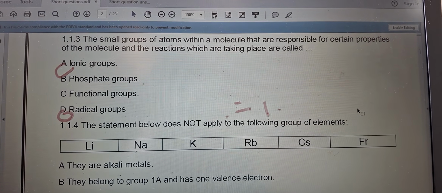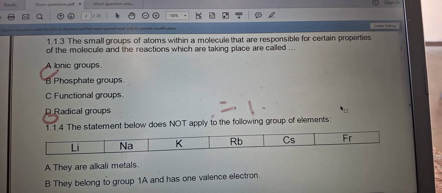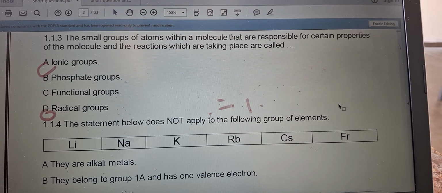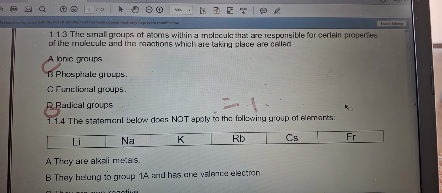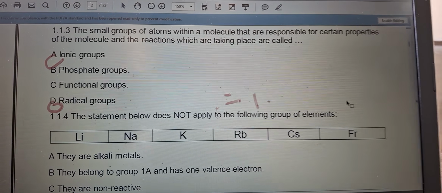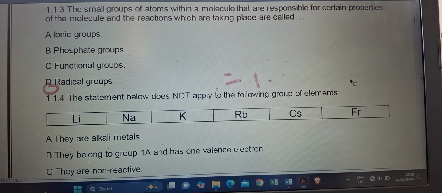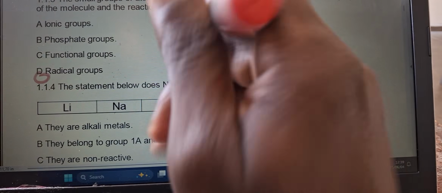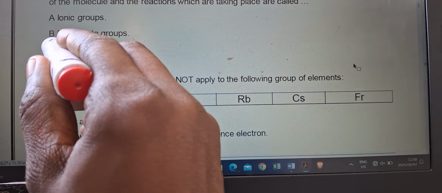1.1.3, the small group of atoms within a molecule that are responsible for certain properties of molecules and the reactions which are taking place. So the smallest group of atoms within a molecule, these are functional groups.